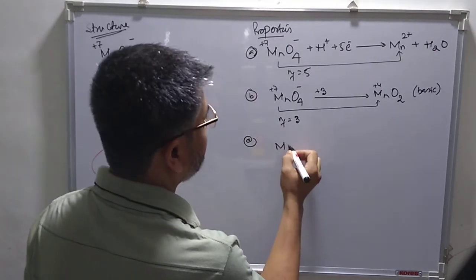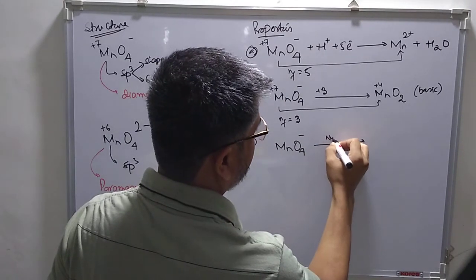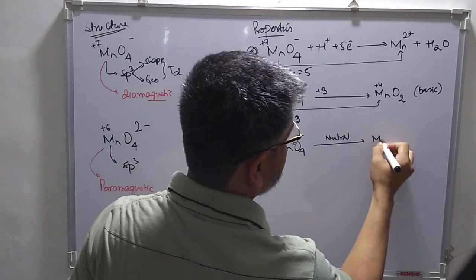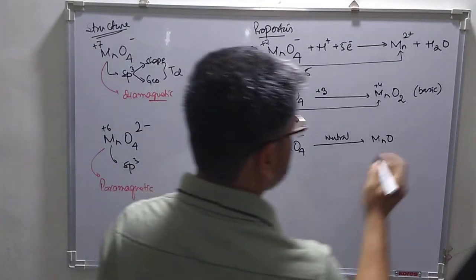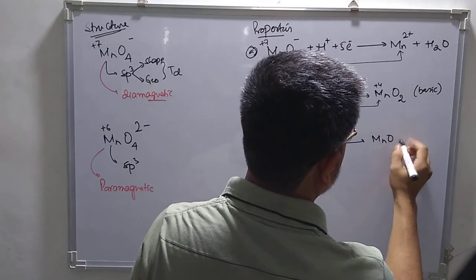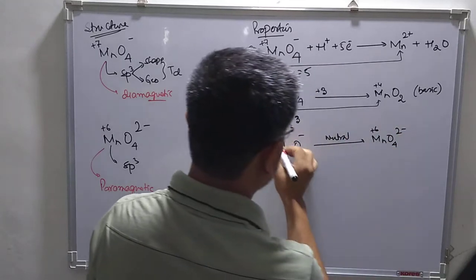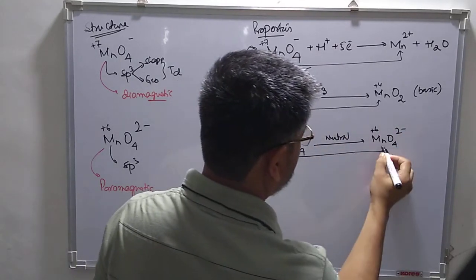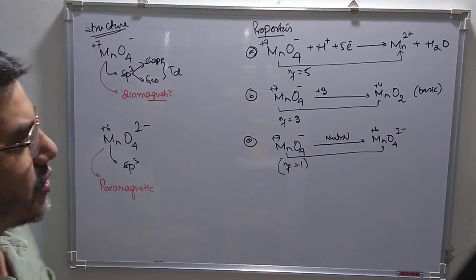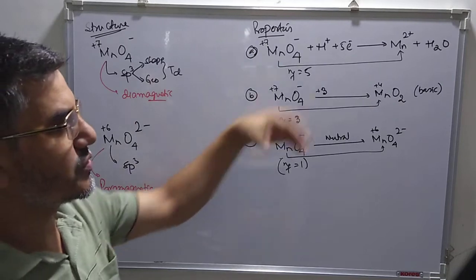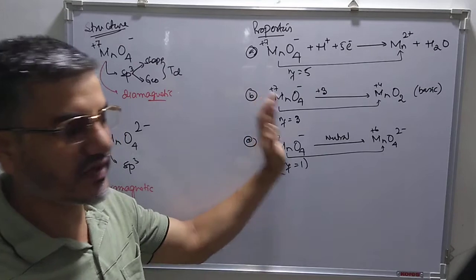In neutral medium, this changes to MnO2 as well, so the n factor is 1. So depending on the medium, this MnO4 minus reacts to give different products. In all these cases, the total change in oxidation state is different, so the n factor is different.